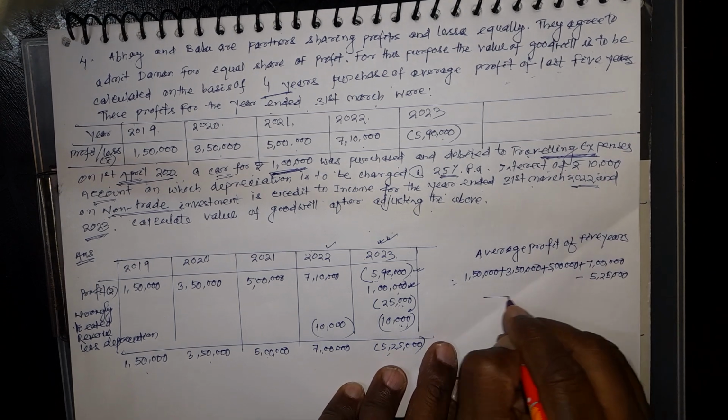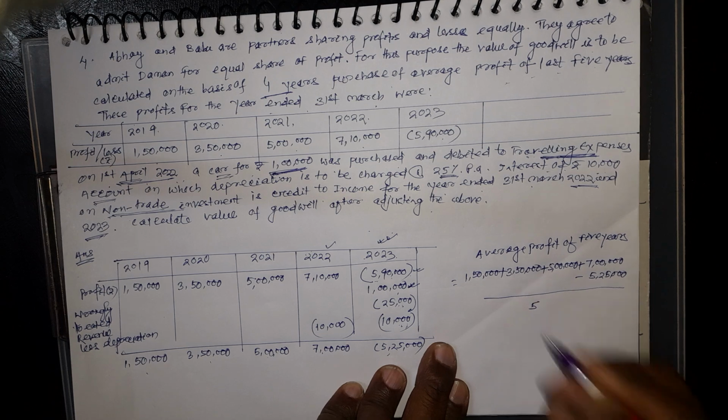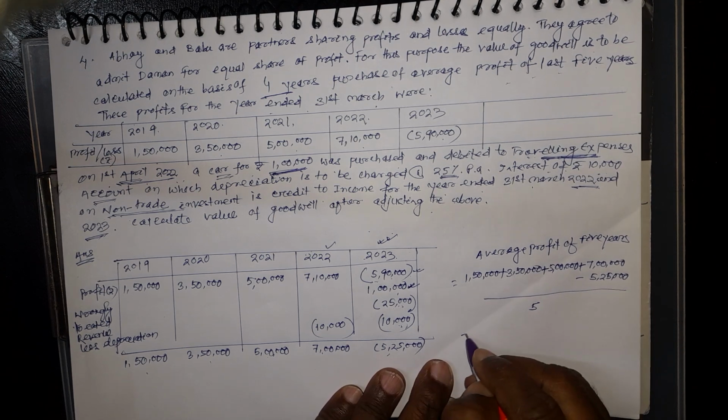Clear? Divided by 5. Clear? So how much will it be?